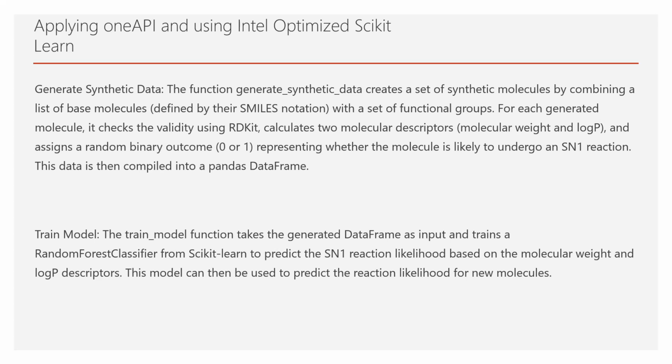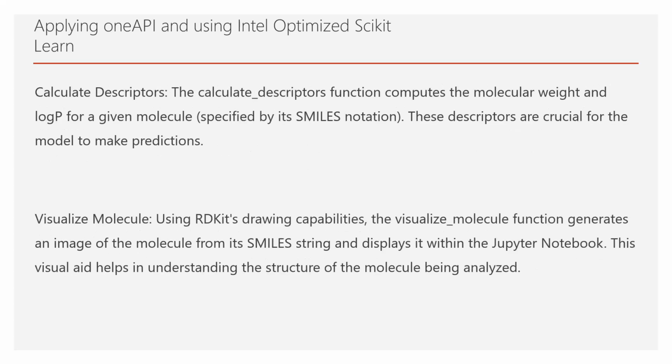The data is then compiled into a pandas data frame. We are training the model using the Intel optimized random forest classifier from Scikit-learn to predict the SN1 reaction likelihood based on the molecular weight and log P descriptors. The model can then be used to predict the reaction likelihood for new molecules.